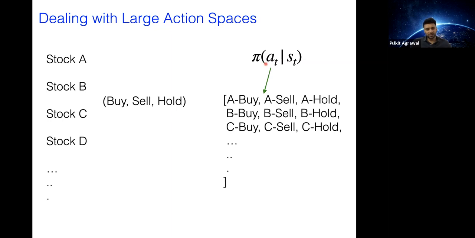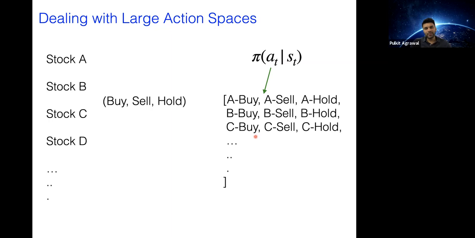So one naive possibility is that I have one dimension for each action. So it's A buy, A sell, A hold. So I have all possibilities I can do with A, then for B, then for C, and so forth. So this is one possible way I can go about this problem. But the issue is that my action space is going to be really big.